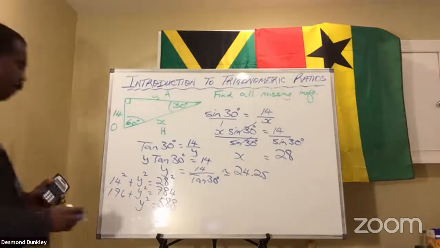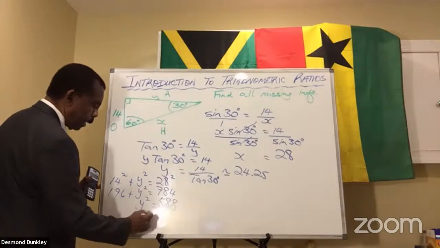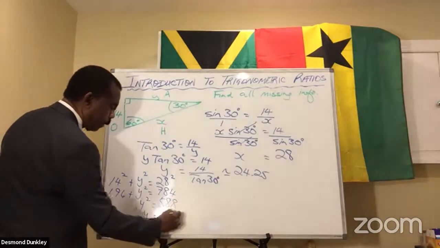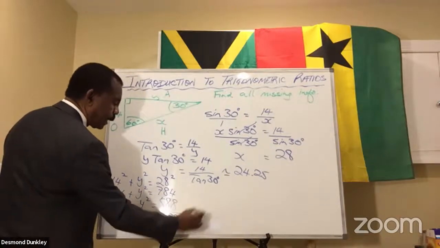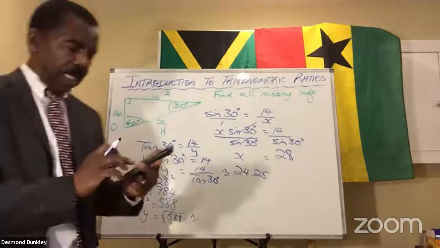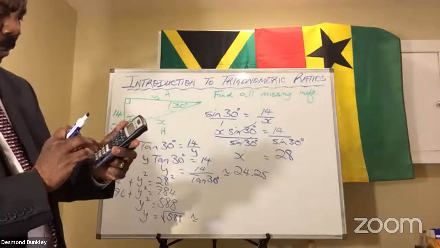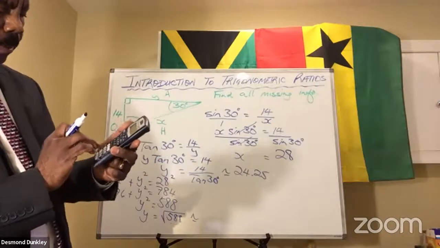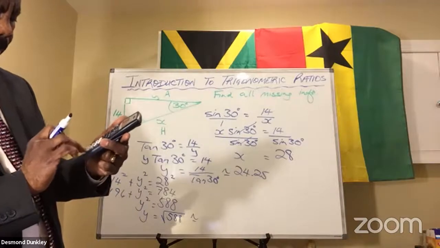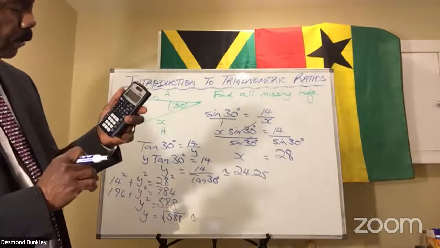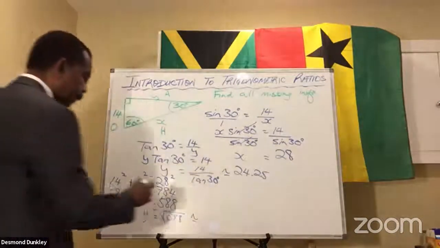So therefore y has to be equal to the square root of 588, which is approximately equal to, and then I take my calculator and do second, square root, 588, and my answer is 24.25.